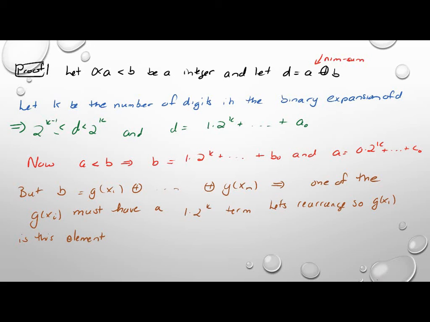So one of these g of xi's has to have a 2 to the k term in it, because it's the nim sum, remember how we lined them up with the numbers? Or else you couldn't get the 1 into the 2 to the k piece, right? So I know that one of these guys has a 2 to the k term, and I'm going to rearrange these guys so that that was the first one, the first component. I just rearrange my game. So let's say the second game had the 2 to the k term. I'll just make it the first game and rearrange them.